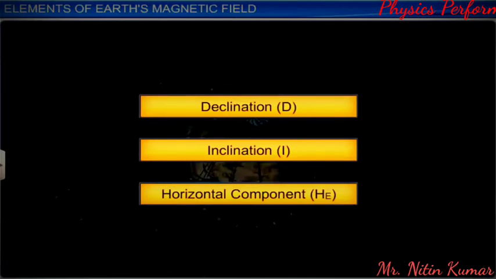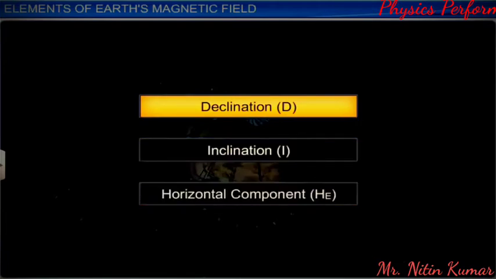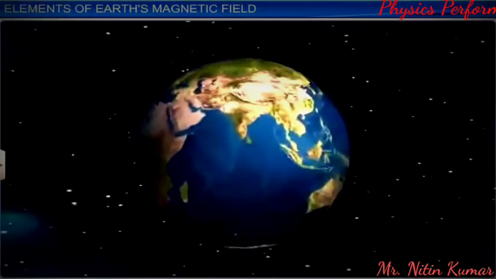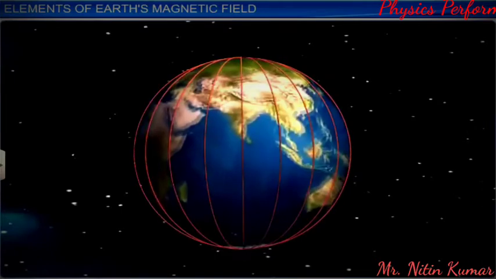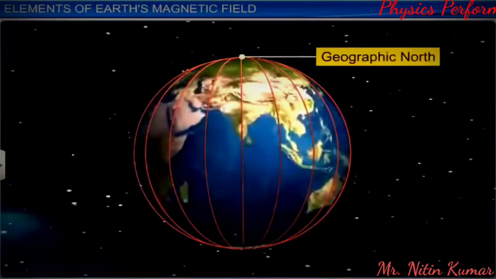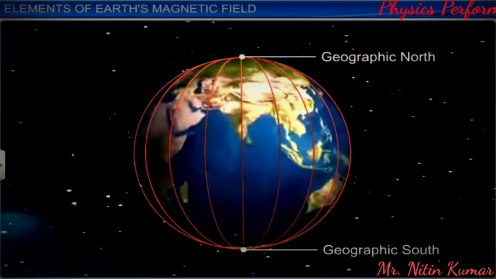First, the declination. We all know that the Earth is spherical in shape. On this spherical surface, we can draw an infinite number of imaginary circles passing through the Earth's geographical north and south poles. All these circles have one common diameter, which is the line joining the geographical north and south poles or the Earth's axis of rotation.